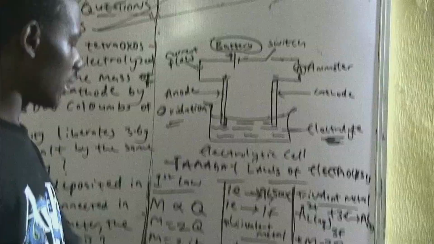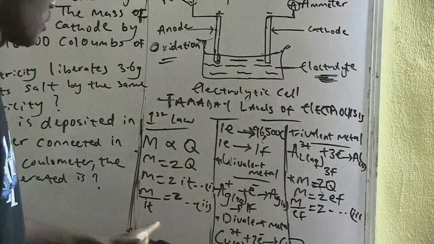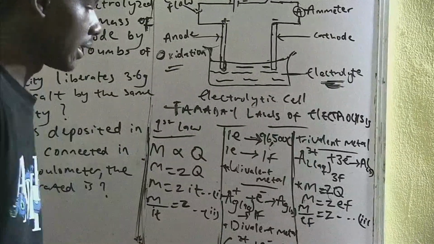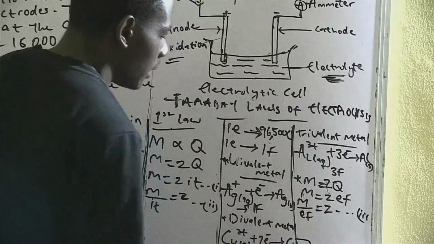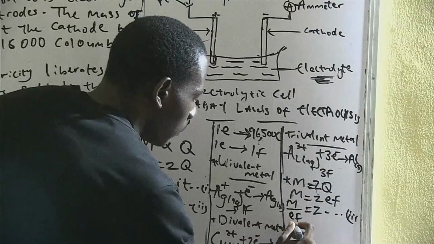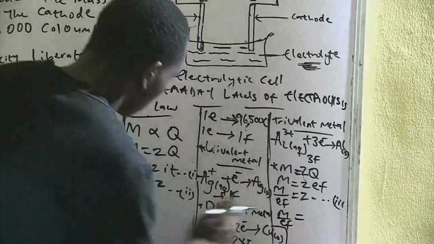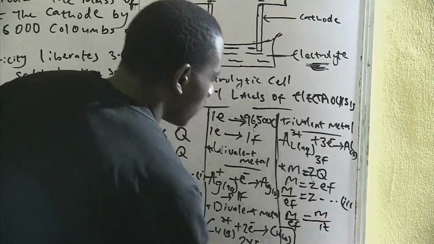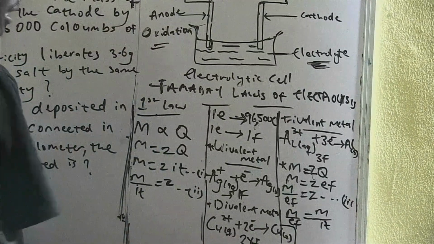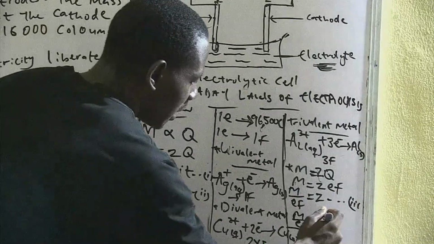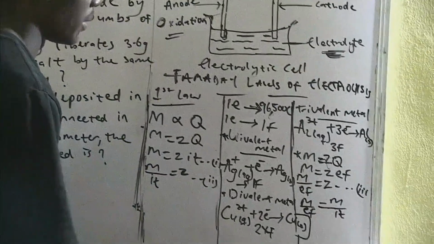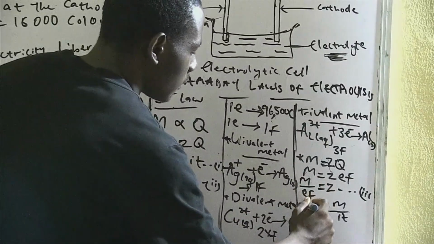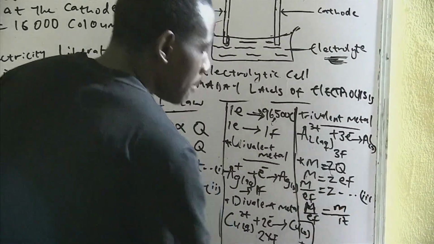When we equate this one and this one together, they look like each other, right? Let's equate them. So we can have EF equals M over IT. Remember, this capital M here is the molar mass, and this small m is the mass.